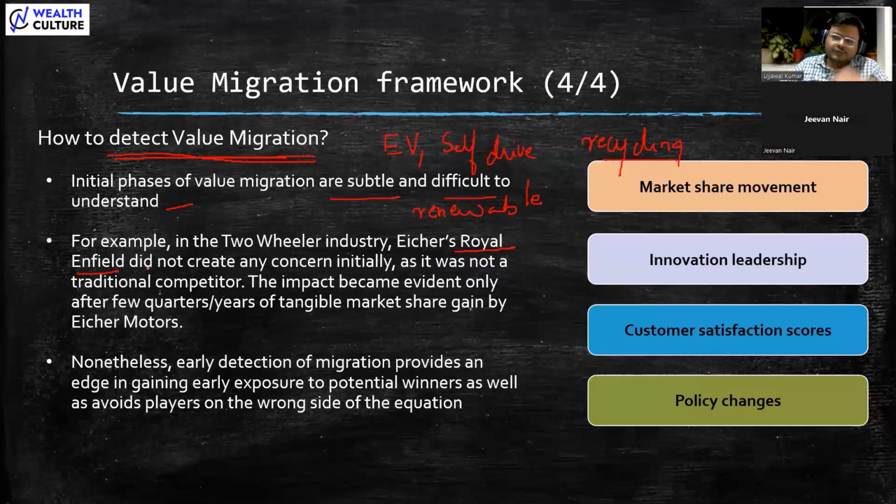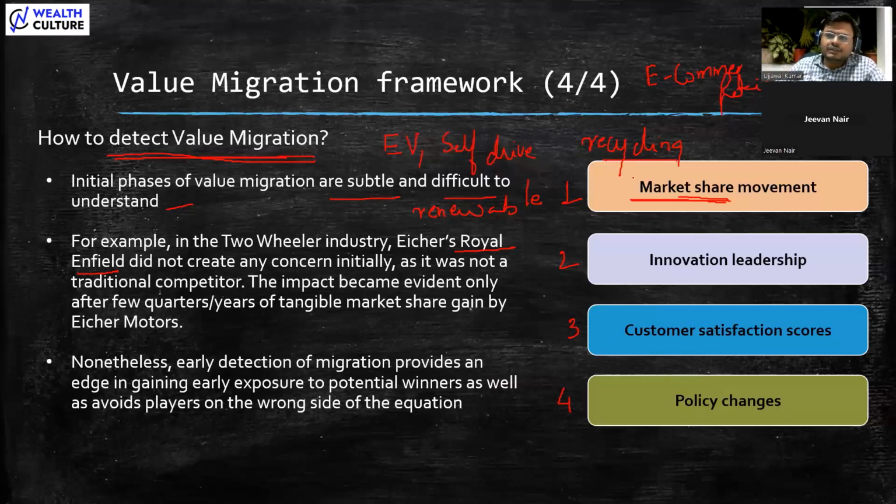It is better to confirm the trend rather than assume something. So look at a lot of data. How can one confirm? There are four ways you can do that. One is you will start to see the market share moving. At some point, you will see e-commerce become a significant portion of overall retail.